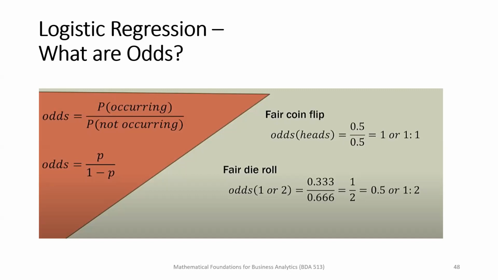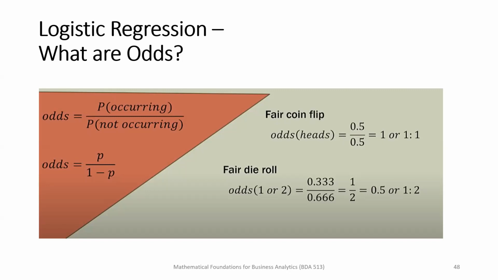Okay. If you have a fair die, for instance, and you want to calculate the odds of 1 or 2, remember, a fair die has 6 sides, isn't it? So the probability of having 1 or 2 makes it 2/6. So 2/6 gives you 1/3, so the probability of having 1 or 2 is 0.33.